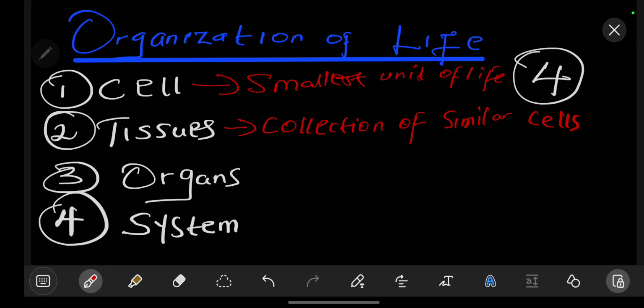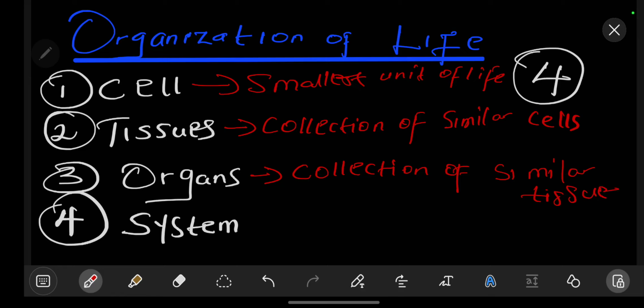And if you move on to organ, which is on the third level, organ is the collection of similar tissues. So basically what is happening here is that as we're going from bottom to top, the next one becomes a collection of the previous.